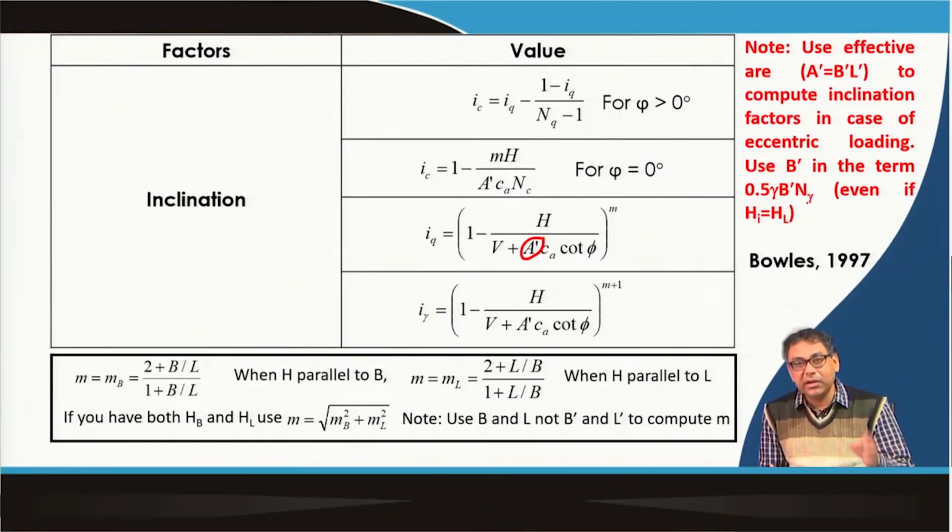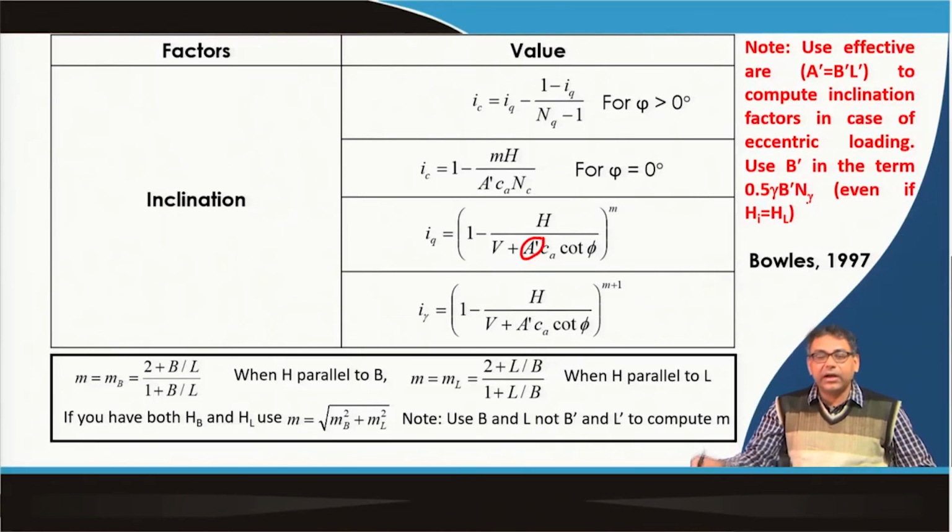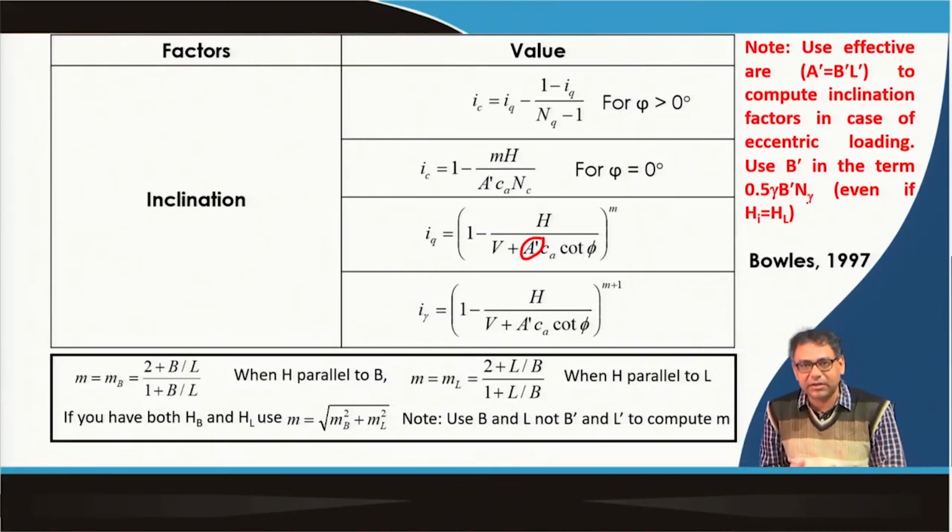And for Hansen, you have to calculate all the factors by considering effective length, width or area except the depth factor. Clear? Okay.